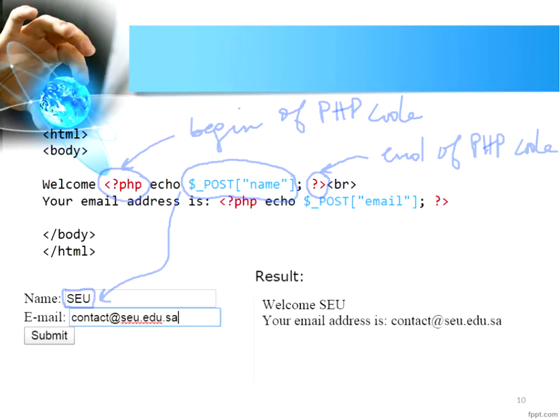Is it understood? After that, the same here, $_POST email gives me the value sent when I click on submit, contact@seu.edu.sa. So the result will be welcome. So I write here welcome.